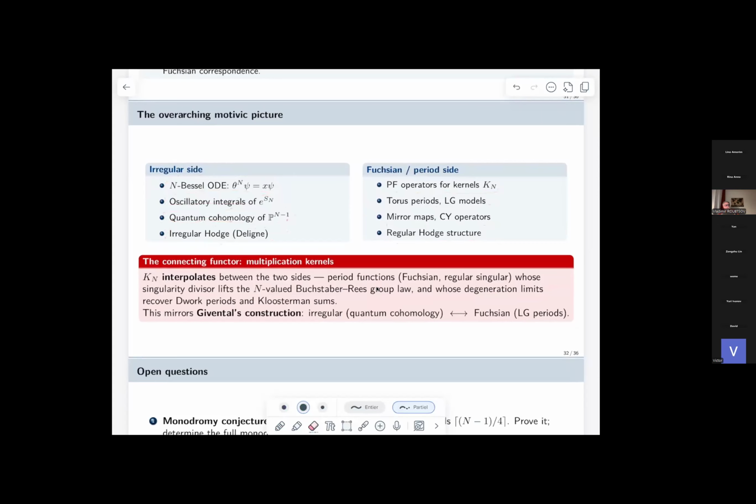Yeah, I understand. The Bessel story is a story of the maximally degenerate flag. But if you replace this Kloosterman-Bessel connection, you have partial flags. This I understand. It's also very partial.